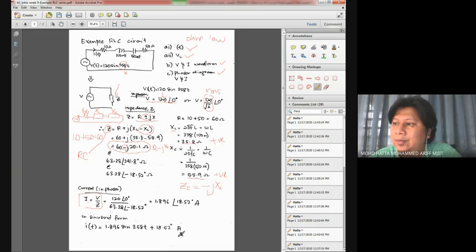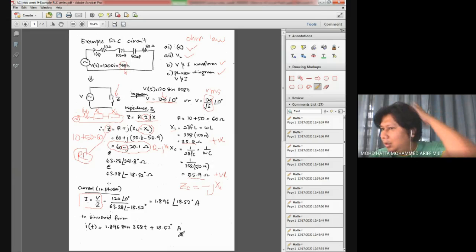The reactance of the capacitor is greater than that of the inductor. So this is mainly due to an R and C circuit. All right.